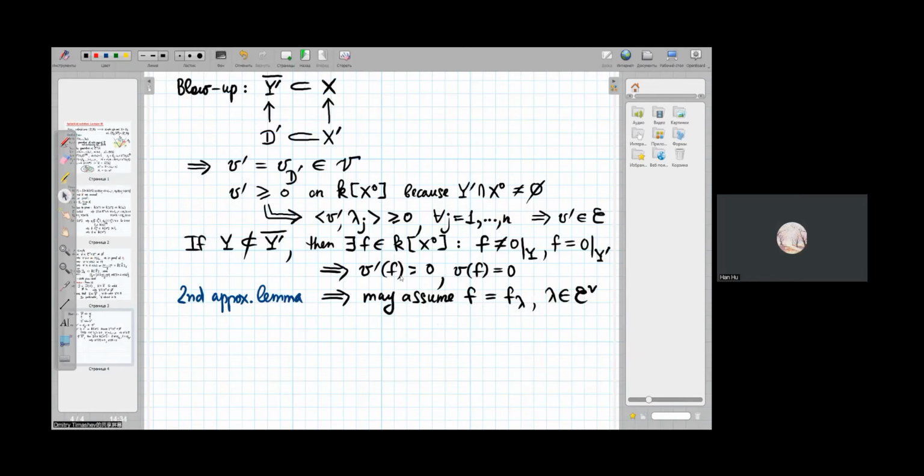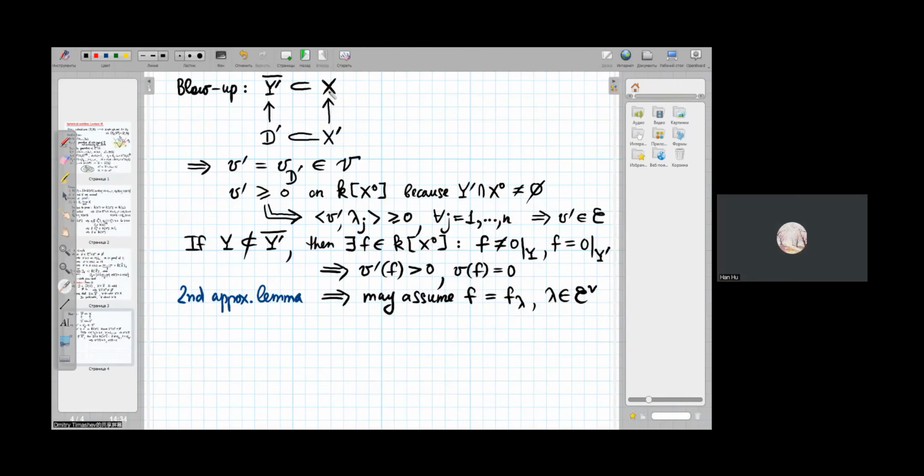I think the second approximation lemma assumes that the poles of f are B-stable. So in this case, f is regular on X naught, but I consider the poles of f on X.